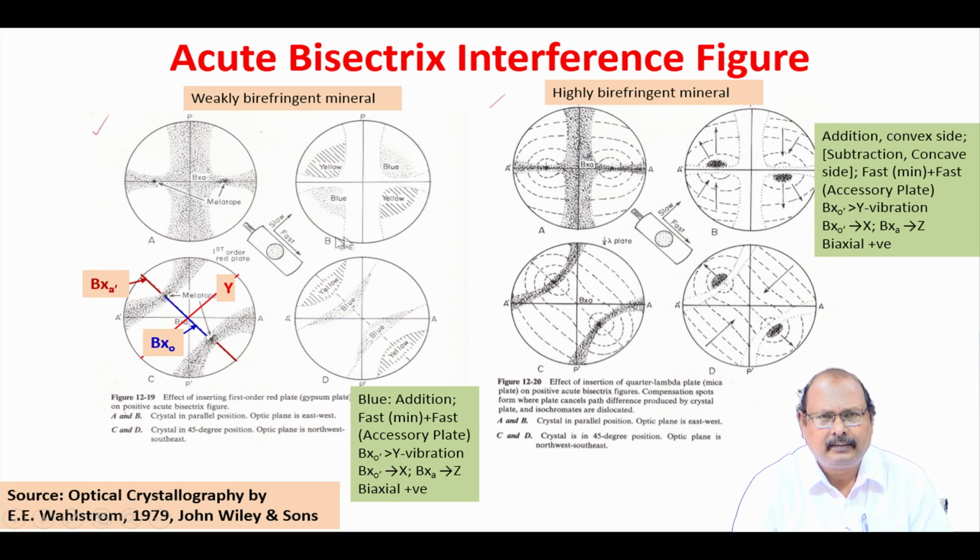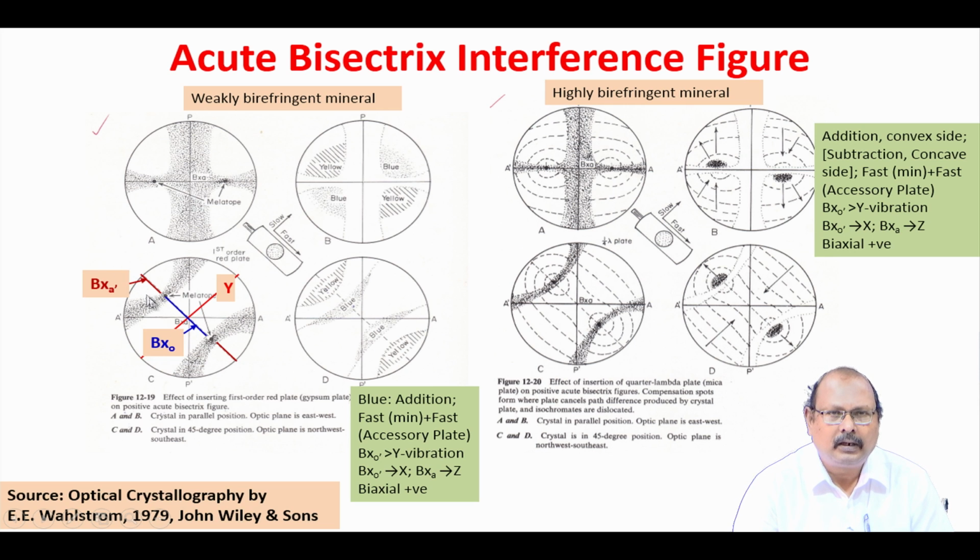Now, let us study this diagram first, the weakly birefringent mineral. At the 45° position, you see that the two arms of the isogyre form hyperbolic segments, and this is the curvature. This is the convex side of the isogyre, this is also the convex side of the isogyre, and this is essentially the concave side.